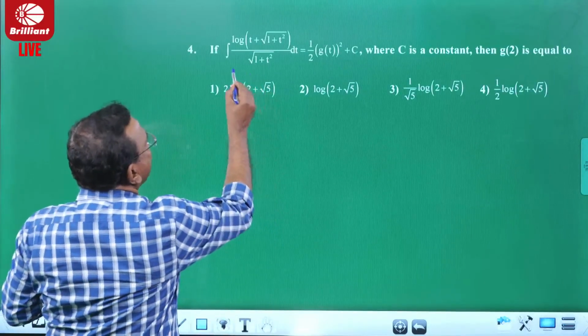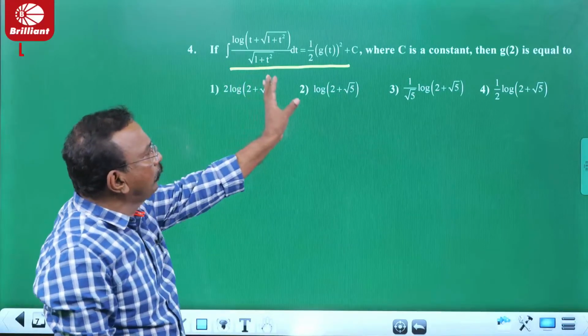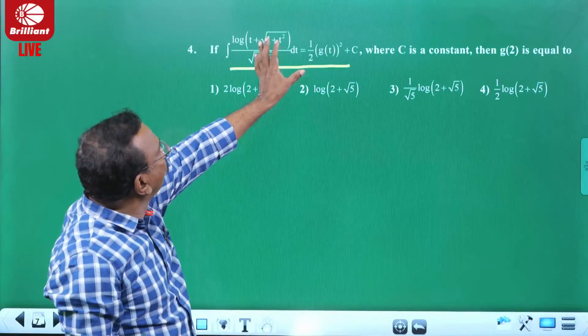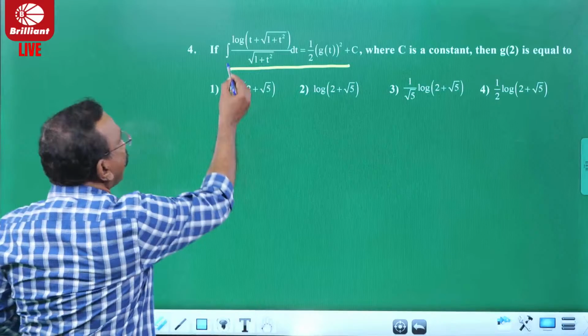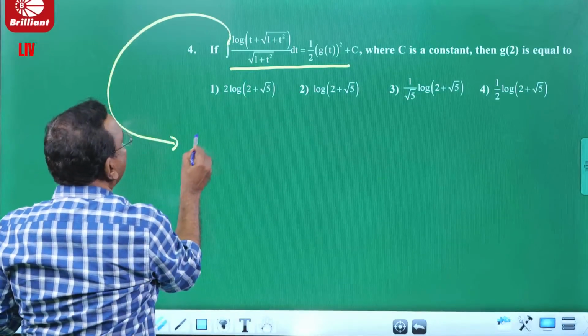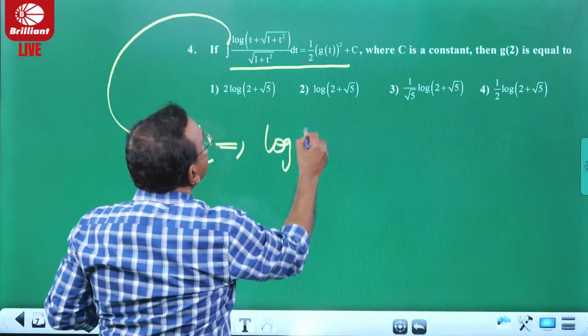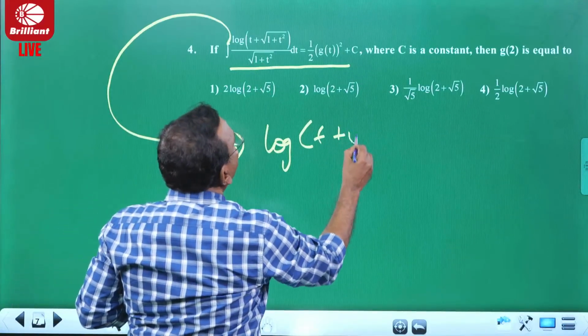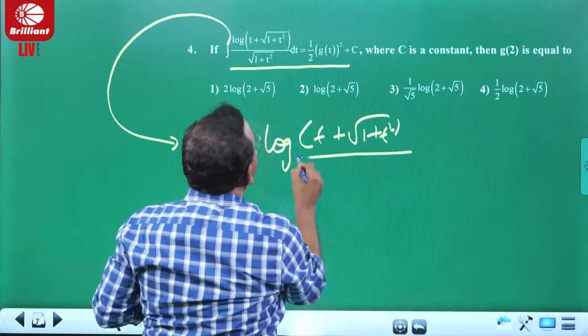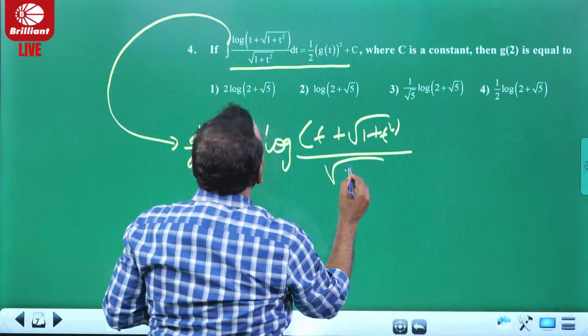log of, this is actually one of a different problem from our JEE Main question pattern. You can see this logarithm can be differentiated throughout by finding the derivative. It will give you log of t plus root of 1 plus t square divided by root of 1 plus t square.